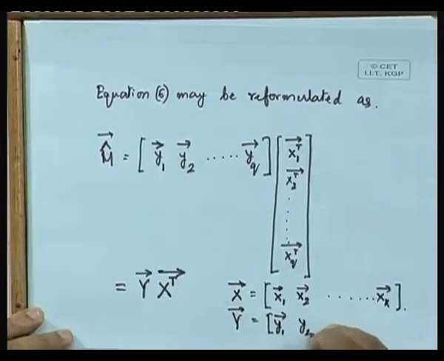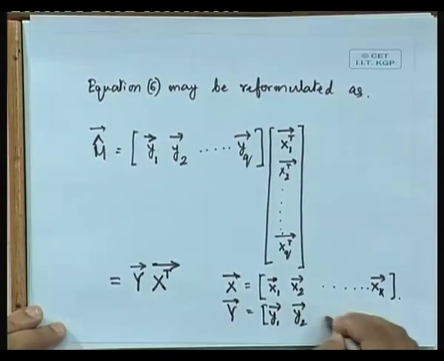So, just to note down, the definition of X vector is x1 vector, x2 vector up to xk vector, and Y vector will be nothing but y1 vector, y2 vector, etc. up to yk vector.